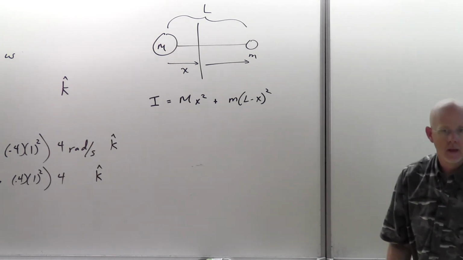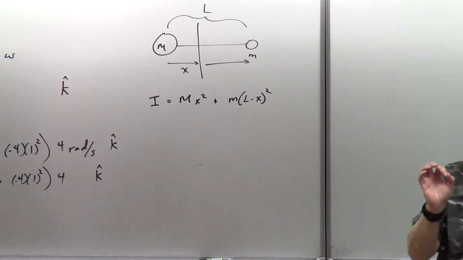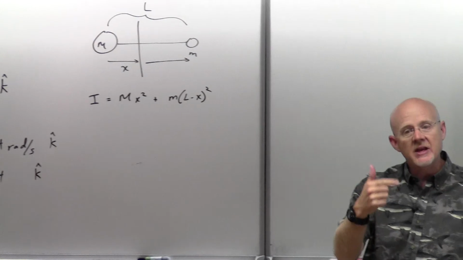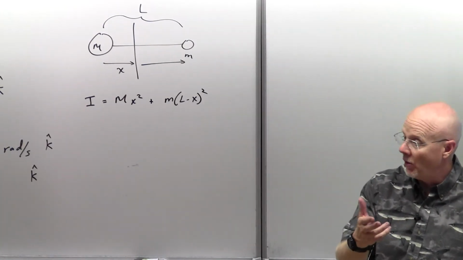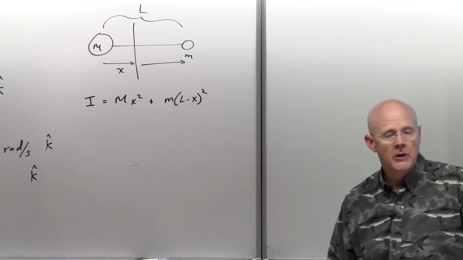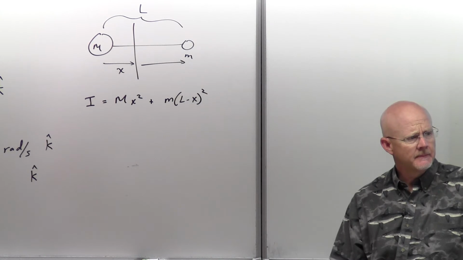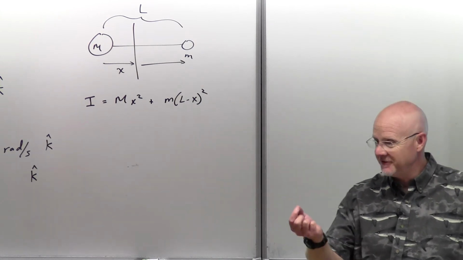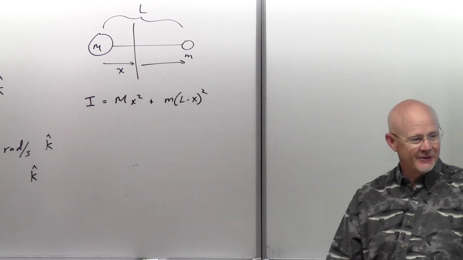of x is? But the question is, find the value of x such that when this thing rotates, it will have the minimum or the smallest amount of rotational inertia. How are you going to solve that one? How do you minimize a function? And I hope it's sounding like calculus to you, right?